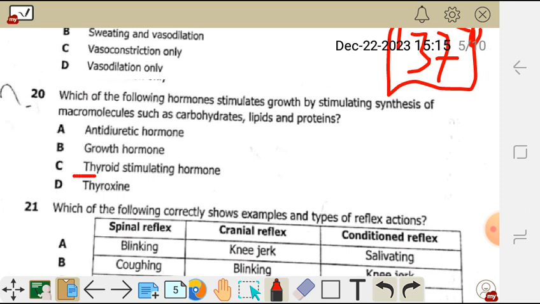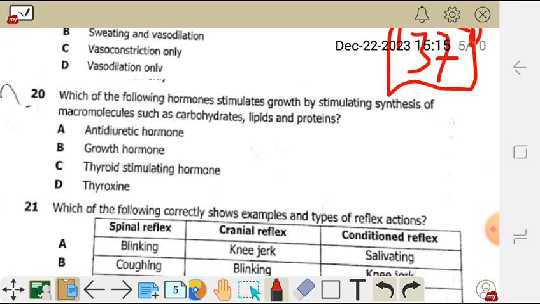Then the thyroid stimulating hormone stimulates the thyroid gland to produce thyroxine. Antidiuretic hormone is involved in maintenance of body fluids, such as the reabsorption of water in the kidney.